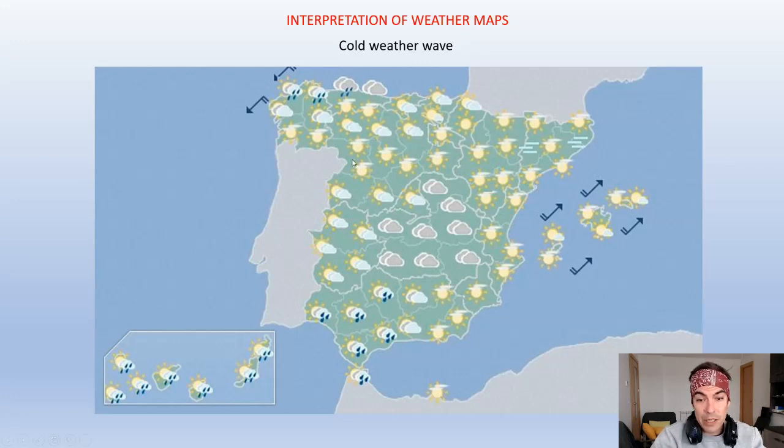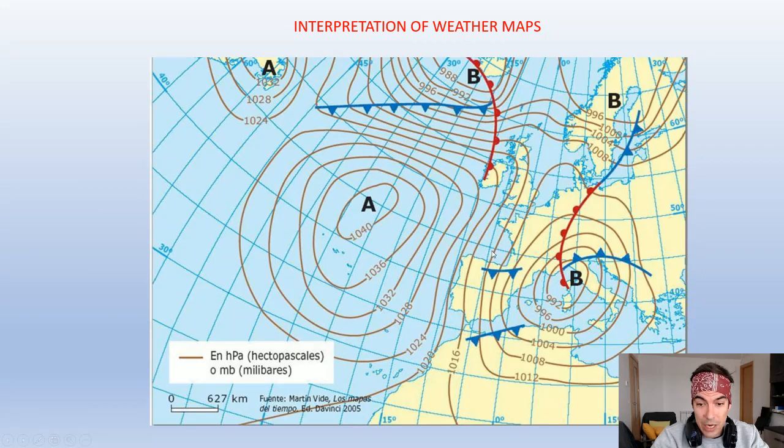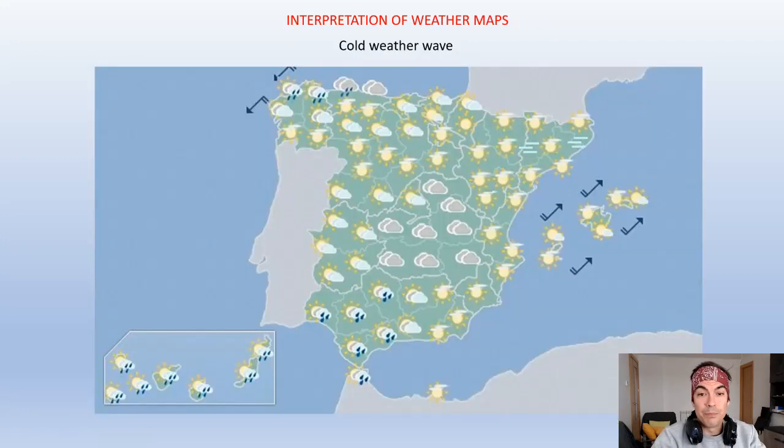For example, here in most of the country we have sunny weather conditions, some cloudy conditions here in Castilla-La Mancha, and some rain in the Canary Islands and the western part of Andalusia. Why is that? Because we have low pressure here and two cold fronts that bring rain with them.